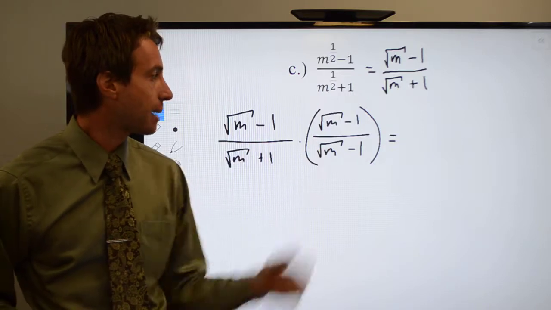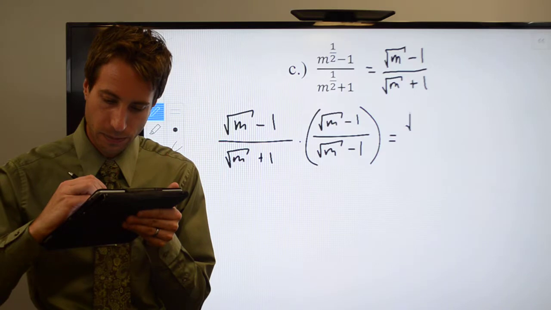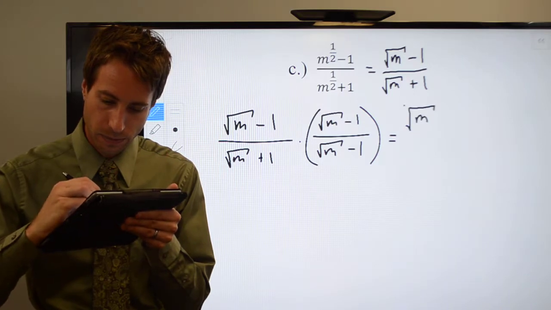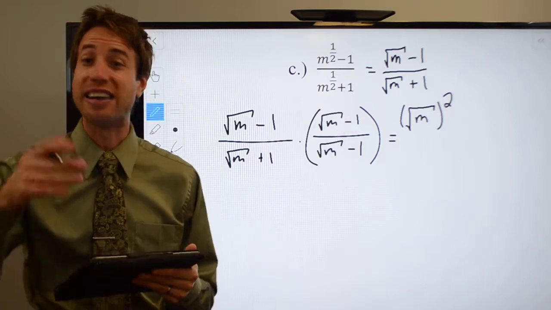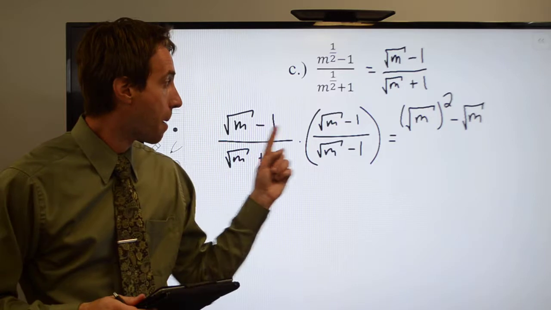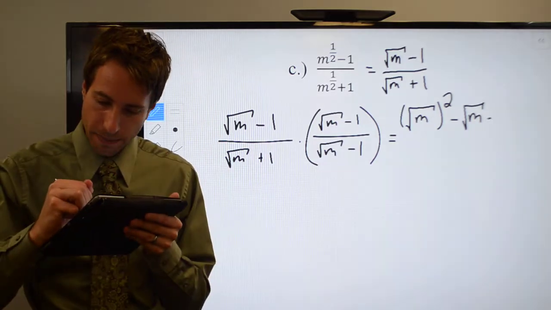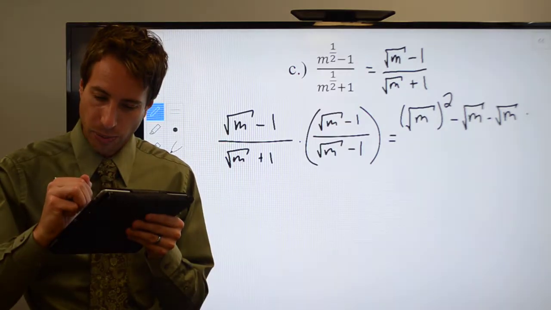Square root of m times the square root of m is going to be the square root of m squared. And then I will have a negative square root of m, minus a square root of m. And negative 1 times negative 1 is a plus 1.